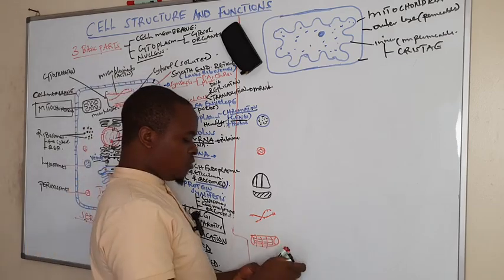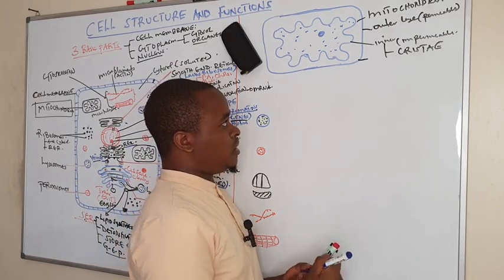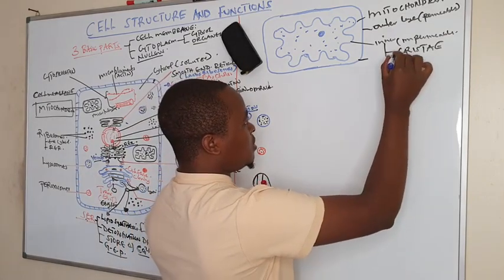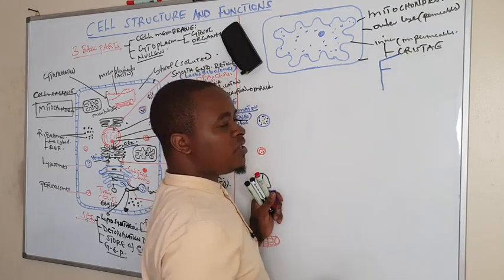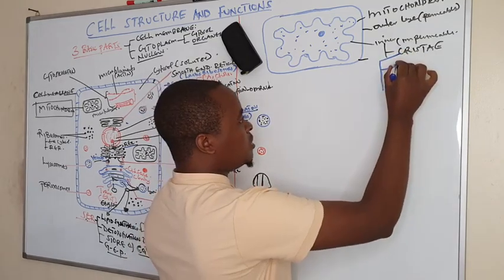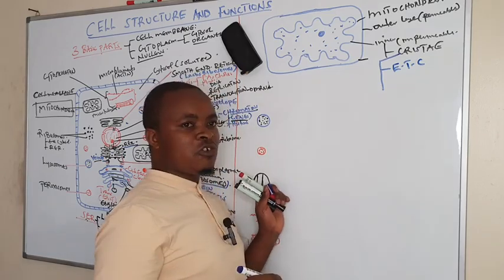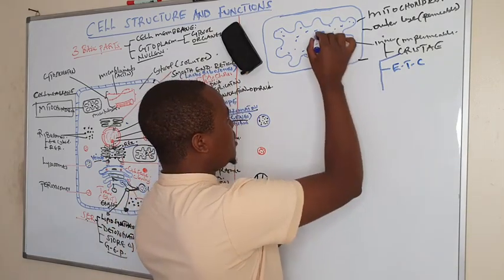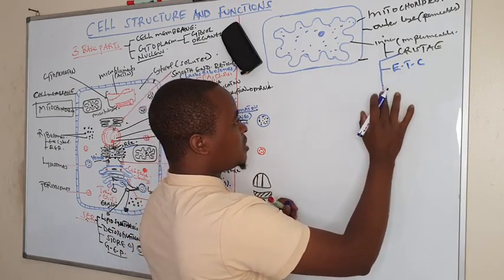And this inner mitochondrial membrane, along the cristae, is where we see many important activities of the mitochondria happening, whereby we are going to see the electron transport chain occurring along the inner mitochondrial membrane, and within the matrix we see also the Krebs cycle.